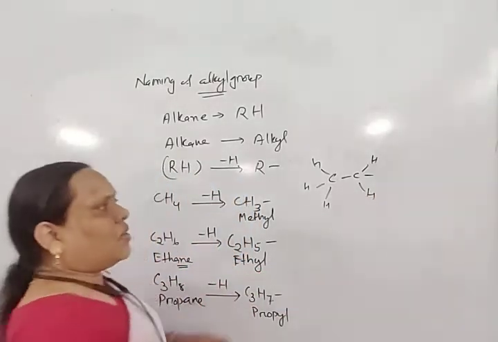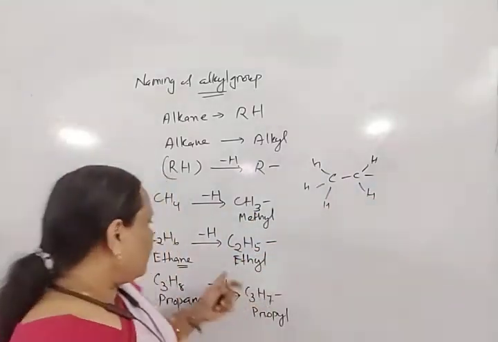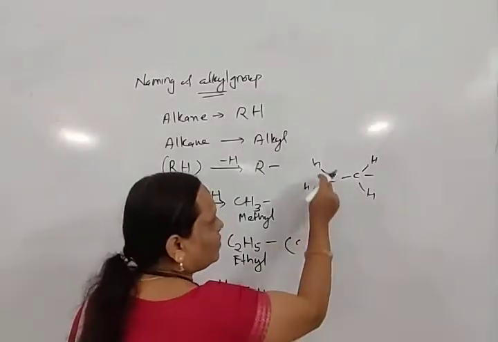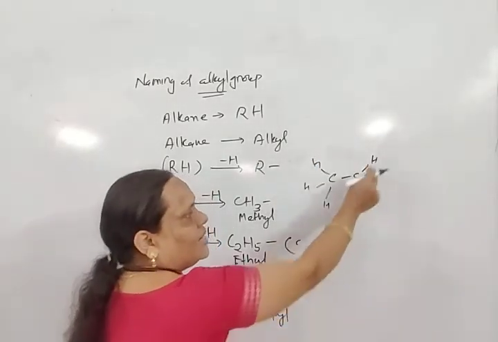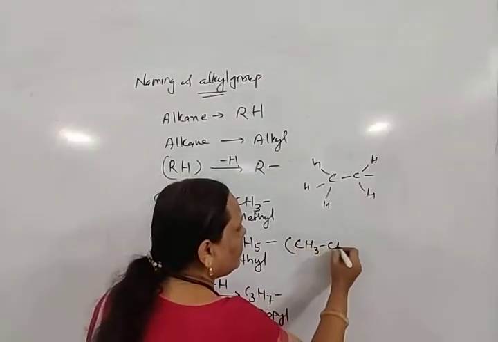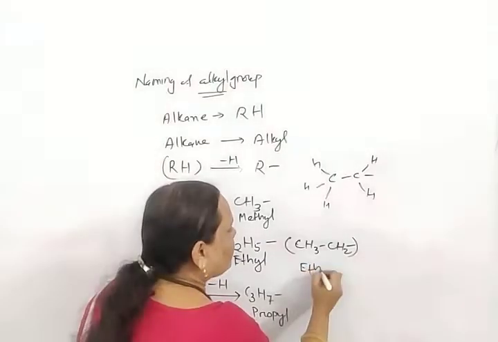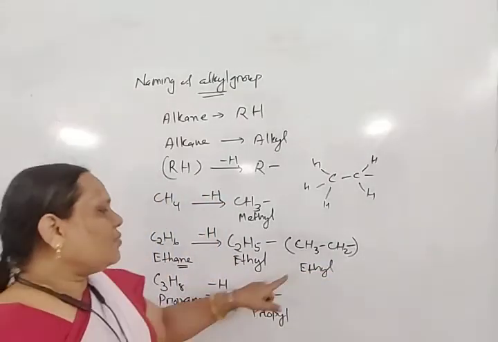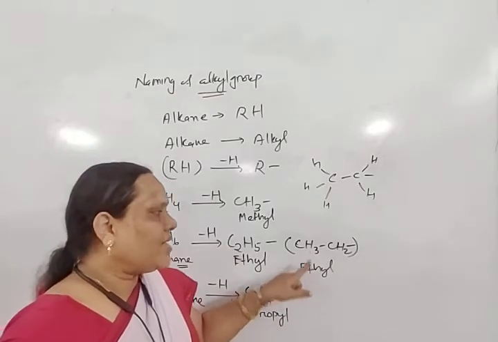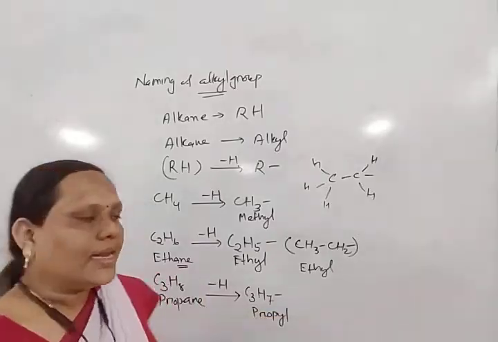In this we can also write CH3 on one carbon and CH2 on the other, so CH3CH2. This is also known as ethyl. So I can write ethyl as C2H5, or as CH3CH2. This also represents ethyl.